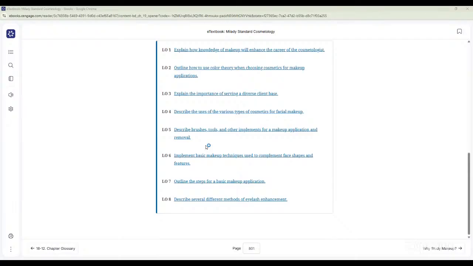So we're going to talk about shop décor, and then outline the steps for a basic makeup application or do it yourself, and then describe several different methods of eyelash enhancement. That's when we will touch on the lash specialty license and also go into the lash specialty portal to see some of the things they have going on over there.